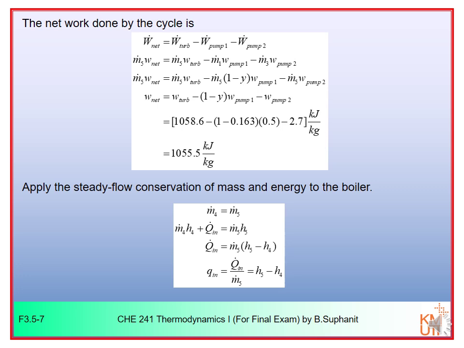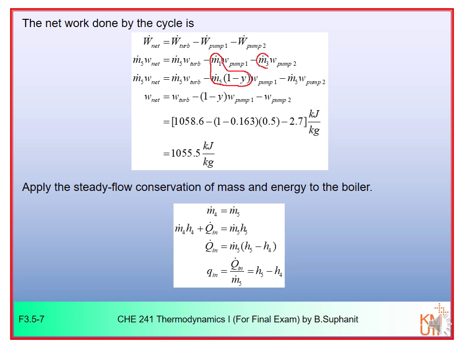So W dot net here will be equal to M5 multiplied by small w net, equal to M5 multiplied by w turbine minus M1 multiplied by w pump 1 minus M3 multiplied by w pump 2. You already know that you can write M1 and M3 as a function of M5.